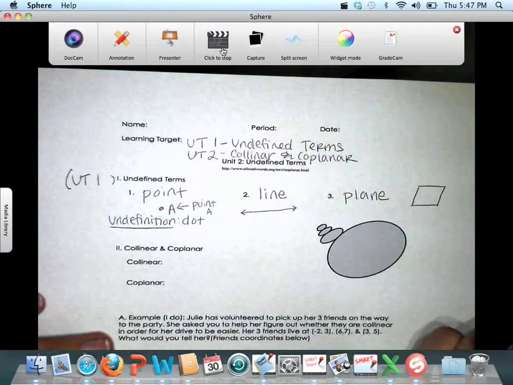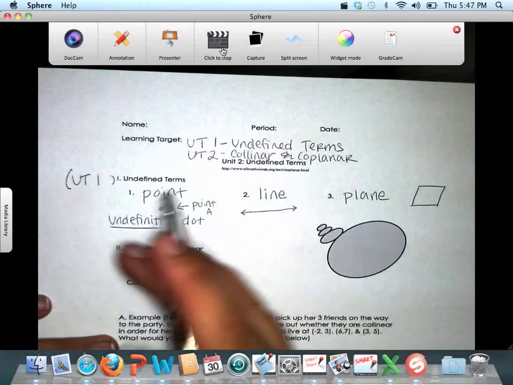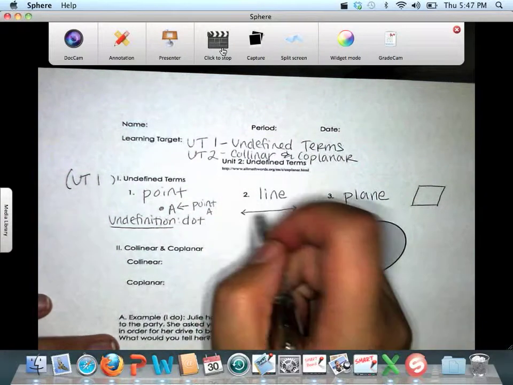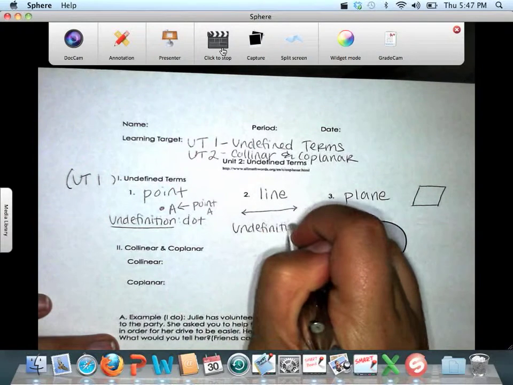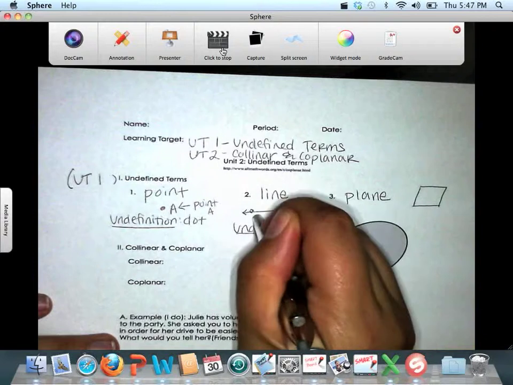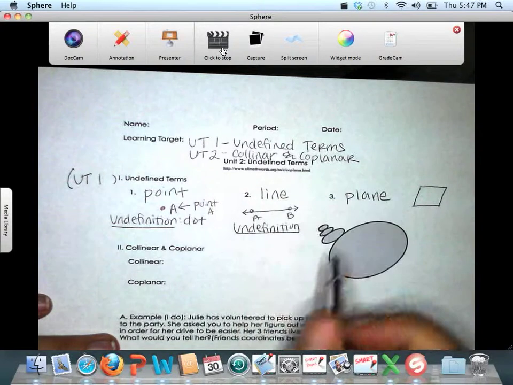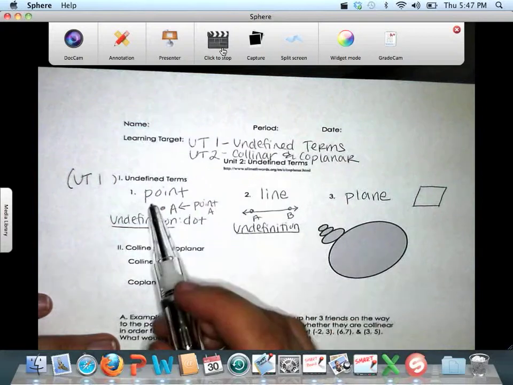Okay? Alright, now a line, right, notice it has these two arrows, which means that it goes forever in both directions. So the undefinition, right, is that it needs at least 2 points, because if it only had 1 point, it would be a point. So it needs at least 2 to be a line.